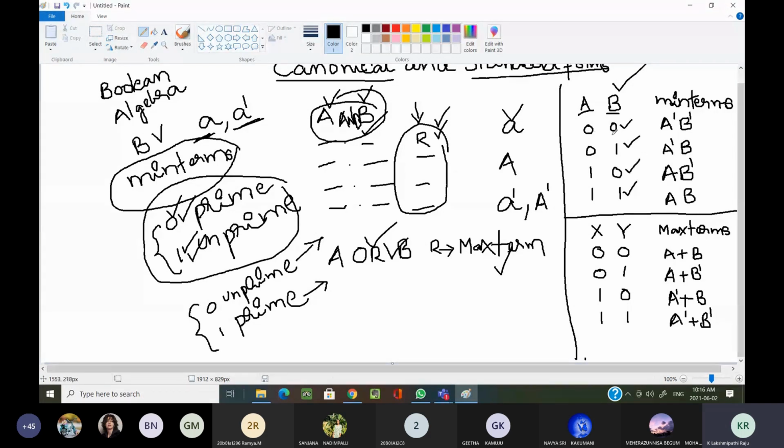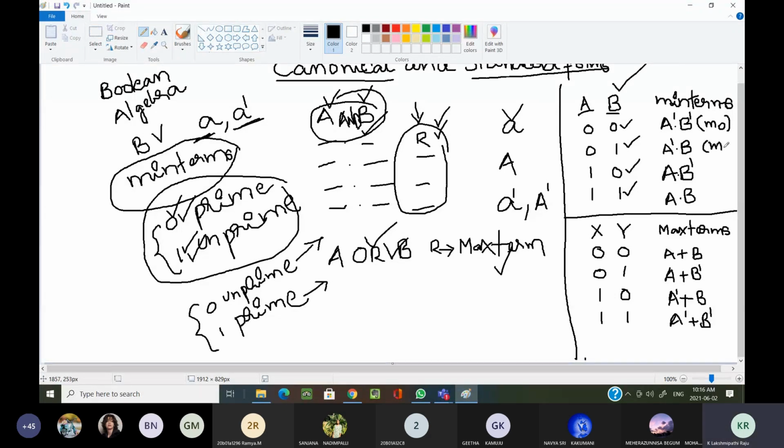Between these two variables I am performing the AND operation. The results you are getting are the minterms, and we represent minterms using small m. This is minterm 0. This is minterm 1.